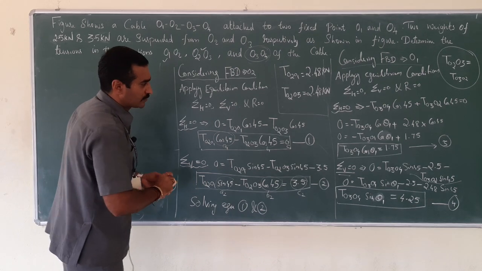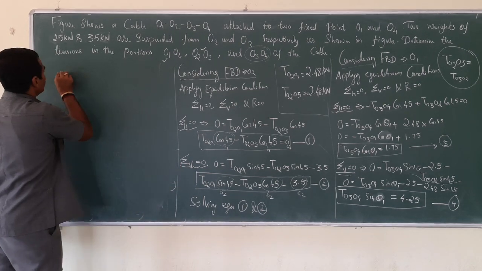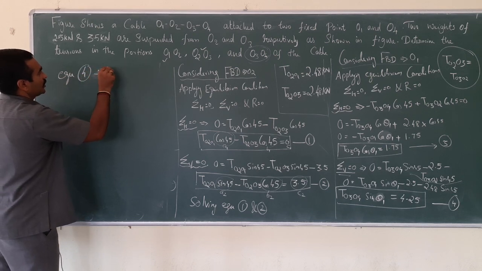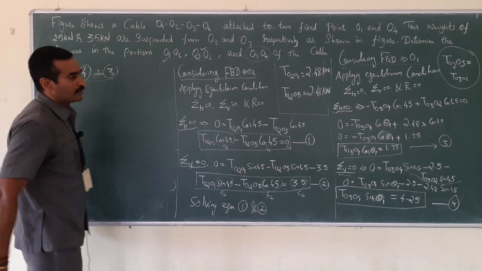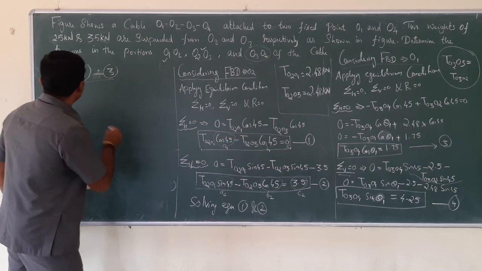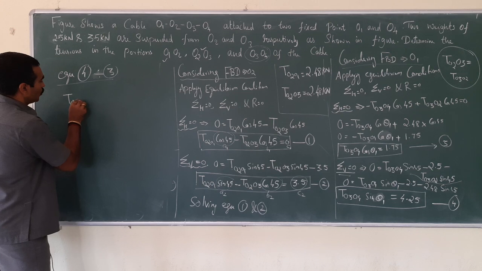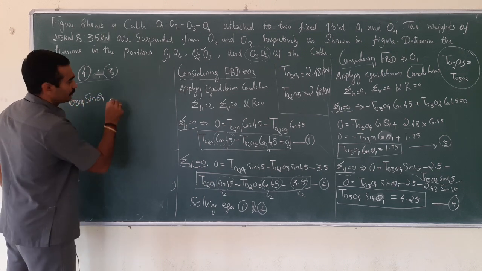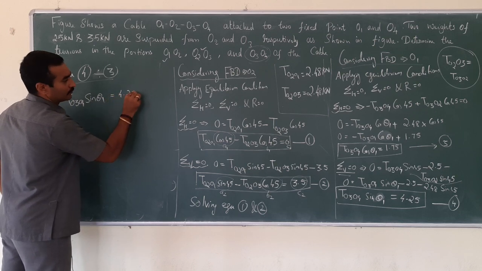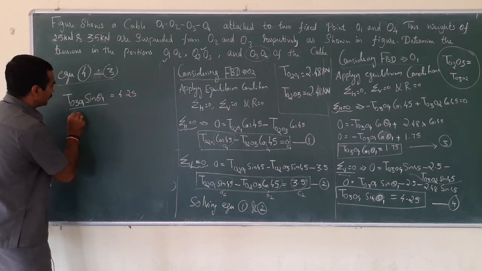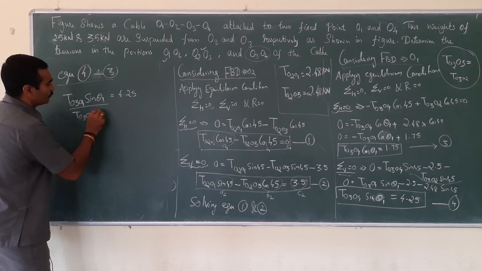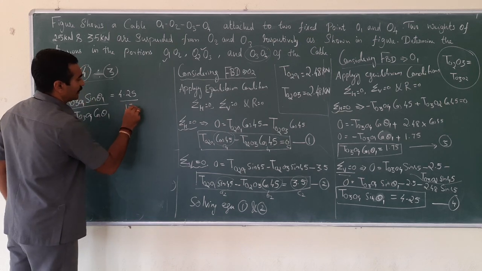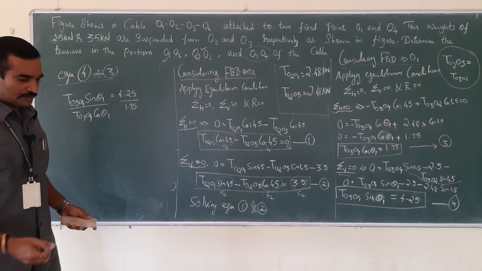So what I am going to do is equation number 4 divided by equation number 3. What is equation number 4? T O3 O4 sin theta 1 equal to 4.25, divided by T O3 O4 cos theta 1 equal to 1.75. Got it?